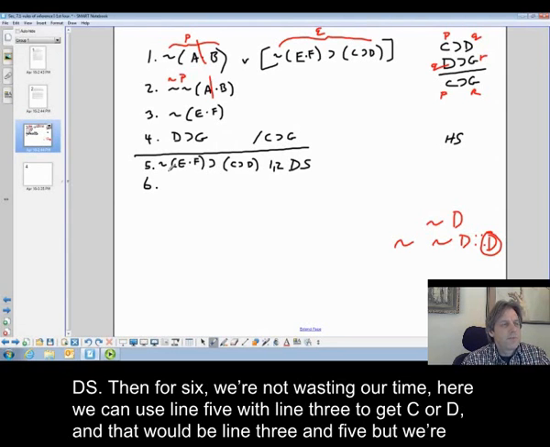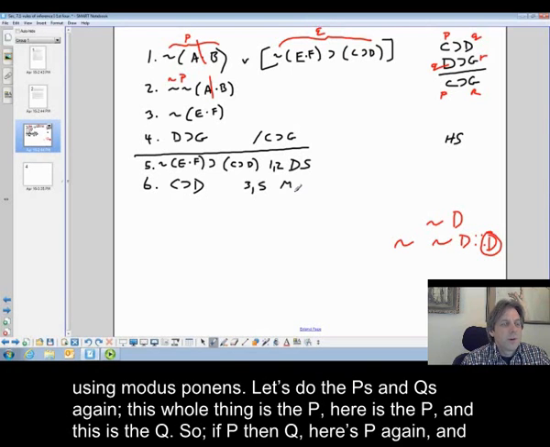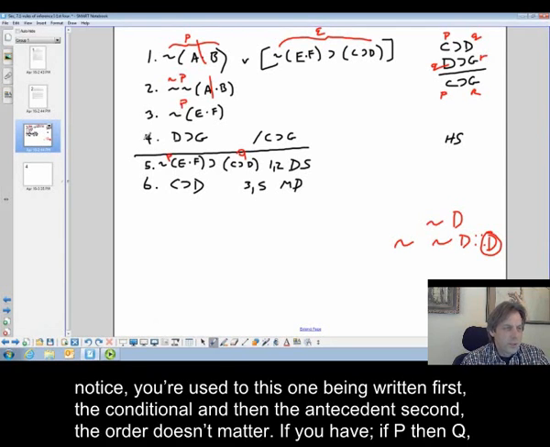Here we can use line 5 with line 3 to get C or D. And that would be line 3 and 5, but we're using modus ponens, right? Let's do the P's and Q's again. This whole thing is the P. Here is the P. And this is the Q, right? So if P, then Q, here's P again. And notice you're used to this one being written first, the conditional, and then the antecedent second.